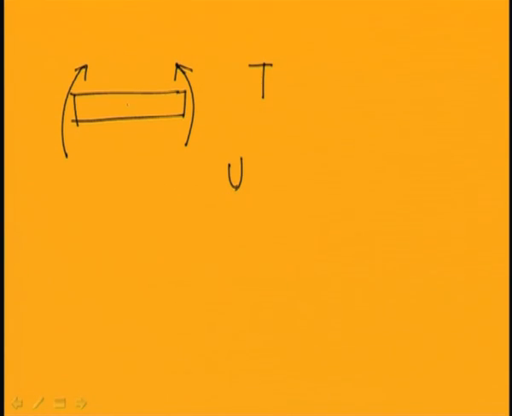So, by taking a small element similar to the previous case, let the small element be of length dx. For the small element the kinetic energy will be equal to half m into, let u be the displacement at this end, u dot squared. So, half m dx, where m dx is the mass of that small element, into u dot square, that is the velocity square.